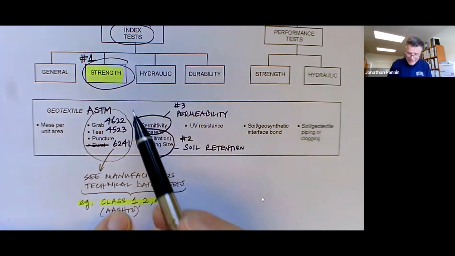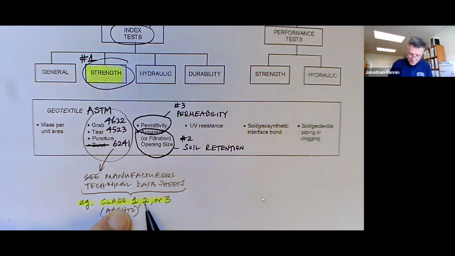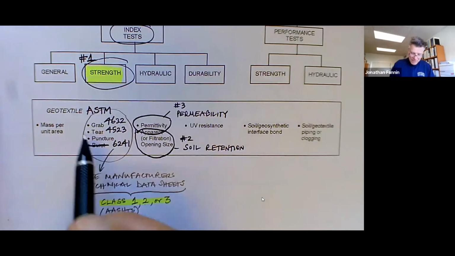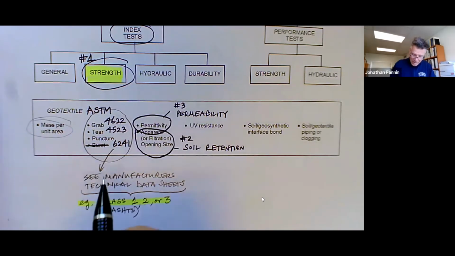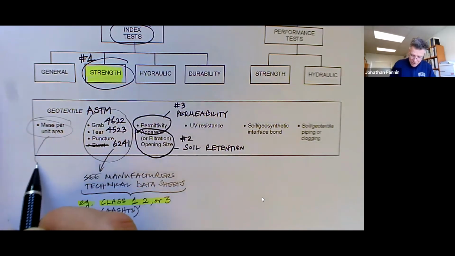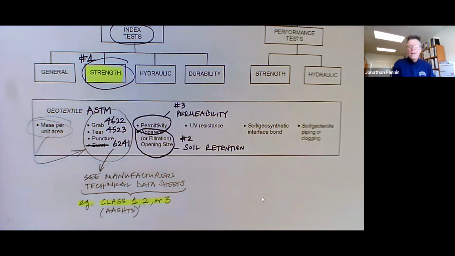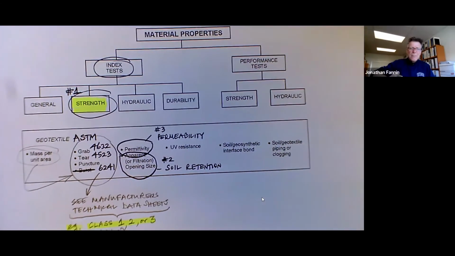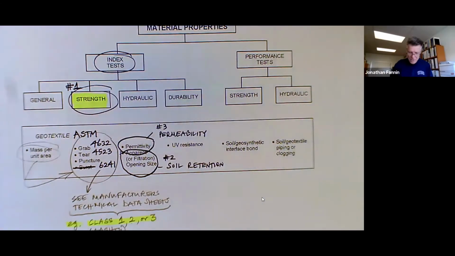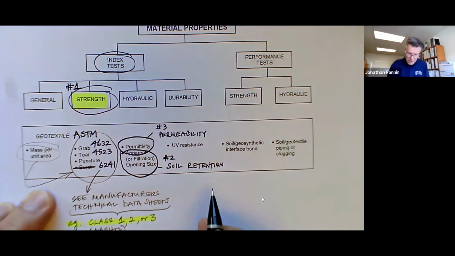You know what I'm going to do? I'm going to link the strength and say, to some extent, mass per unit area is in the background controlling the strength. It is to a certain extent. So I'm going to grandfather that in as just a convenience.